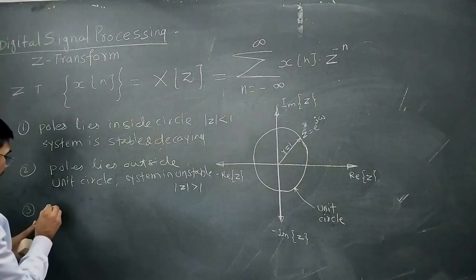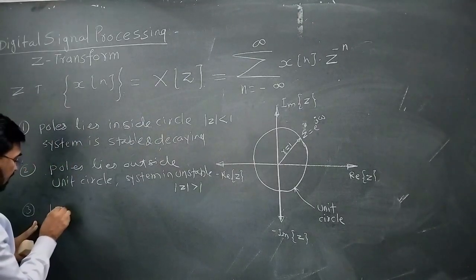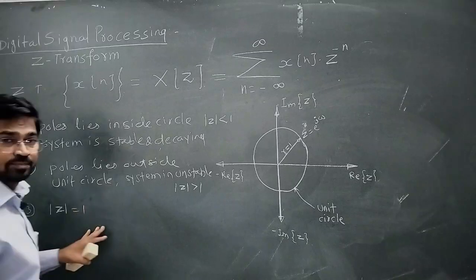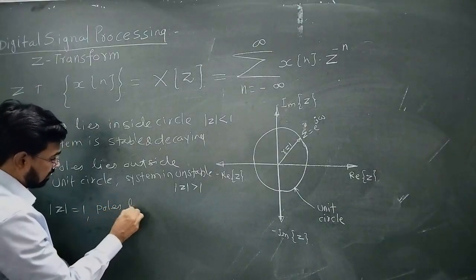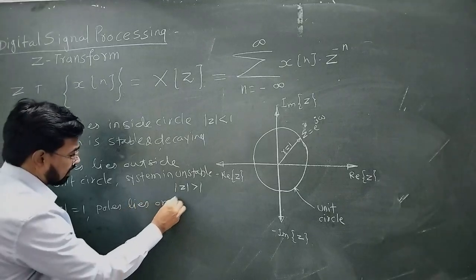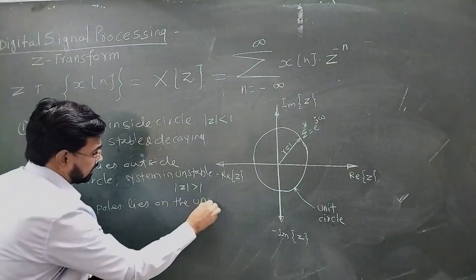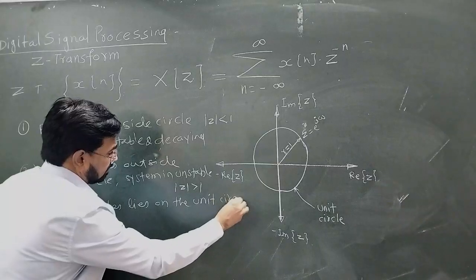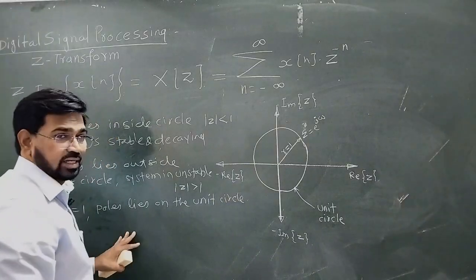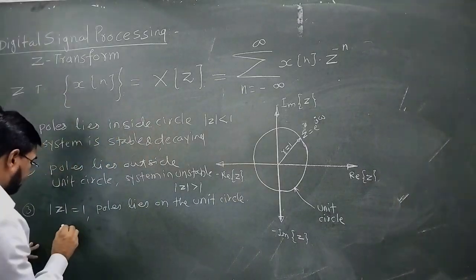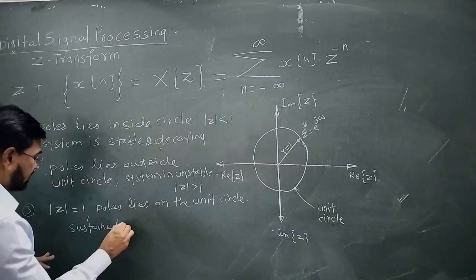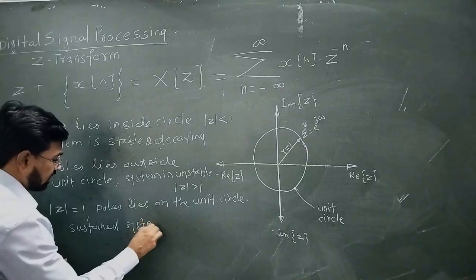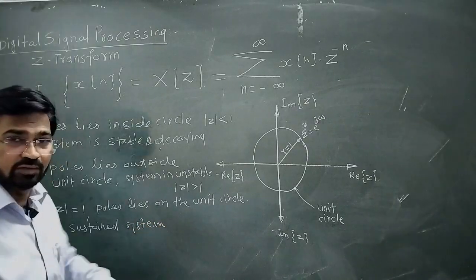And third case, when magnitude of Z is equal to 1, poles lie on the unit circle. The response of the system is a sustained response to the given input.